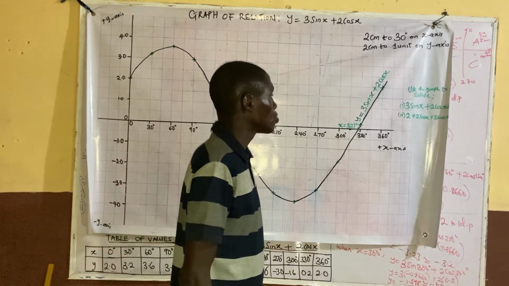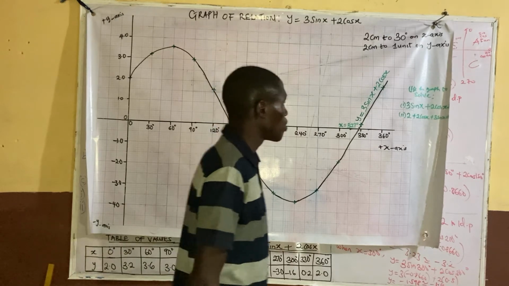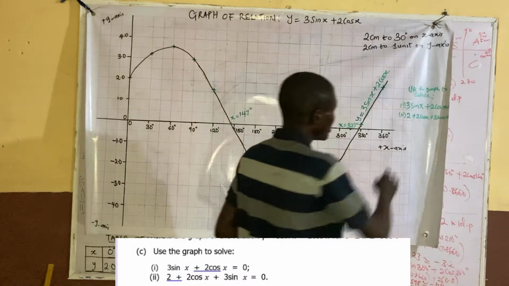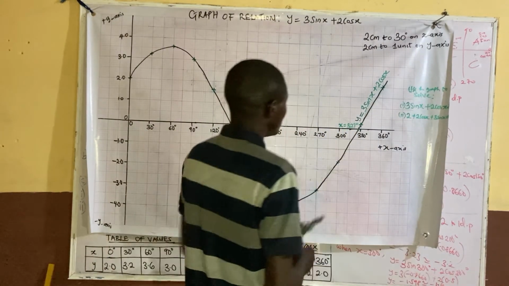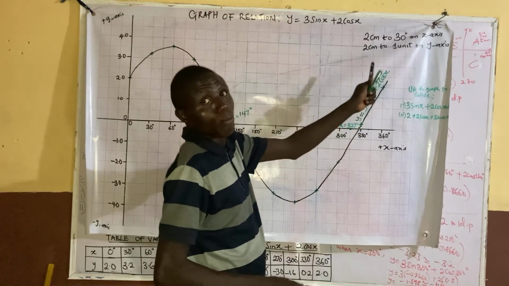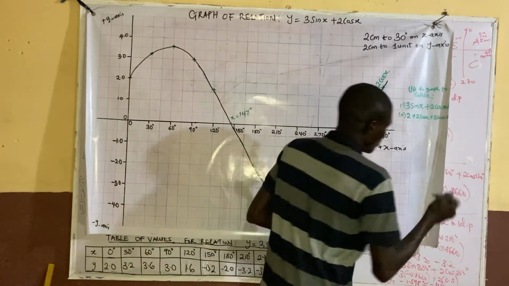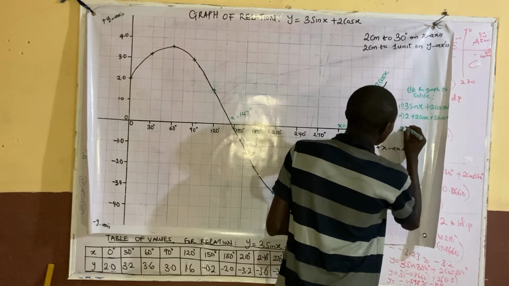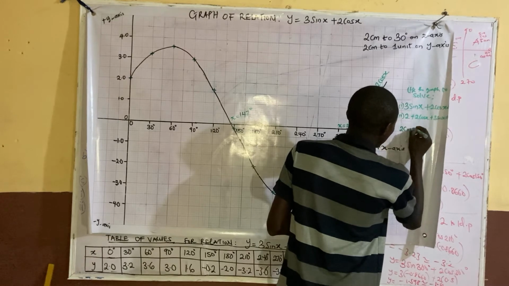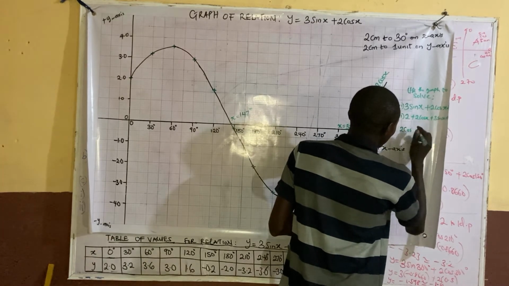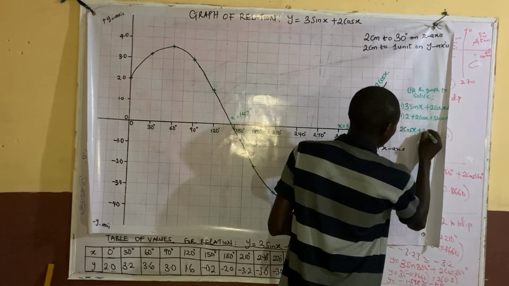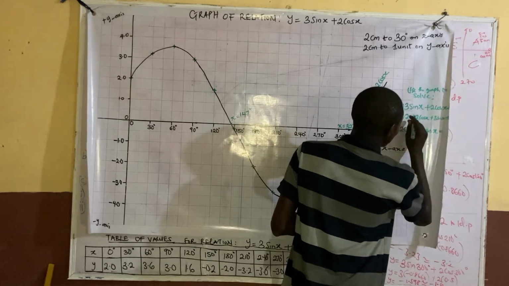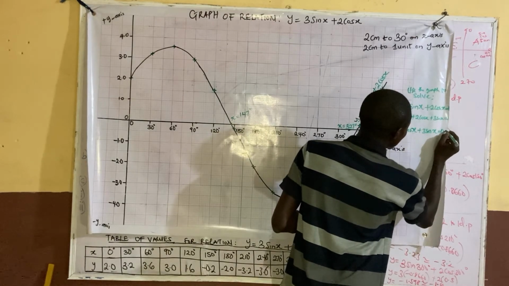The second problem says you should solve 2 plus 2 cos x plus 3 sin x equal to 0. The first thing is to rewrite this equation in order to suit this relation for the graph. So I'm transferring this 2 to the other side. I'm having 2 cos x plus 3 sin x is equal to 0 minus 2.